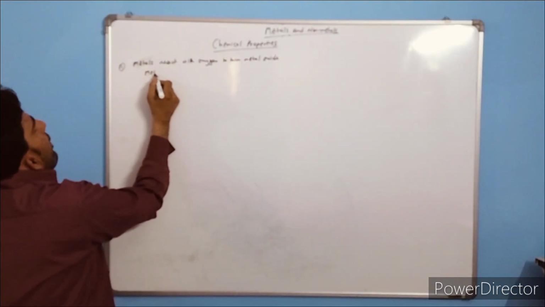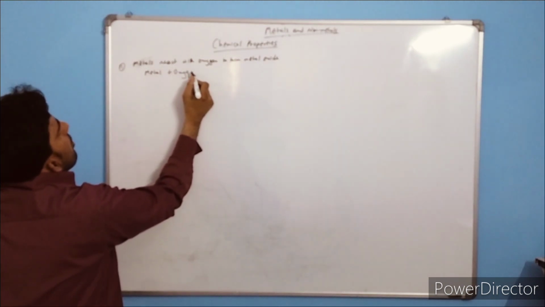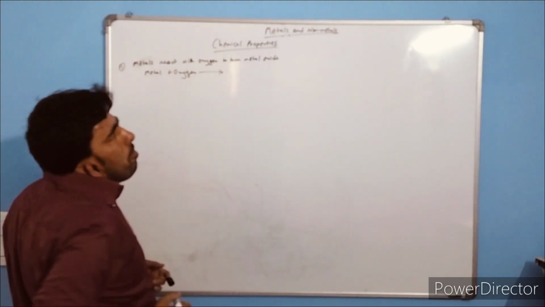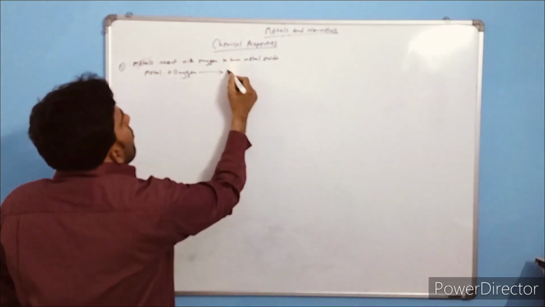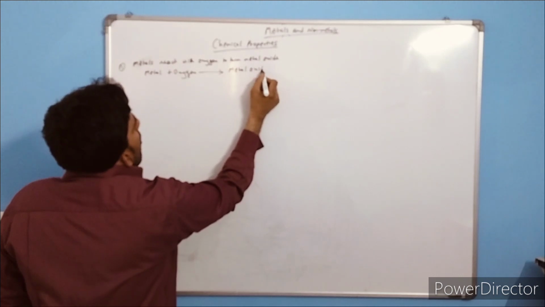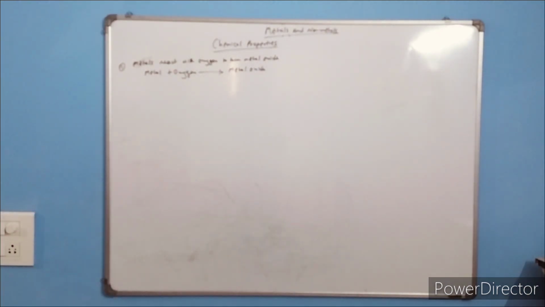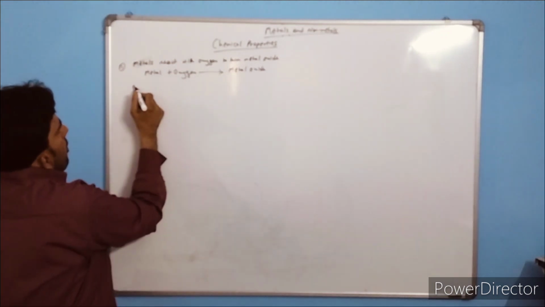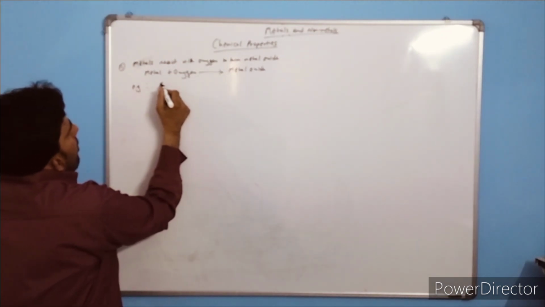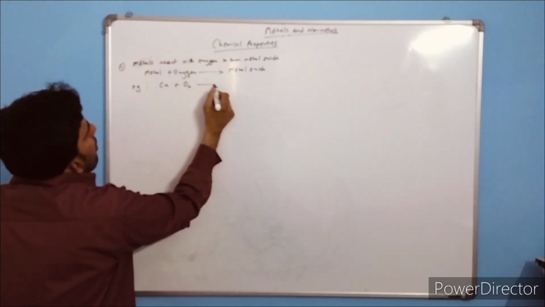That is, metal plus oxygen gives metal oxide. Let us take some examples. Like if I say Cu plus oxygen, guess what?